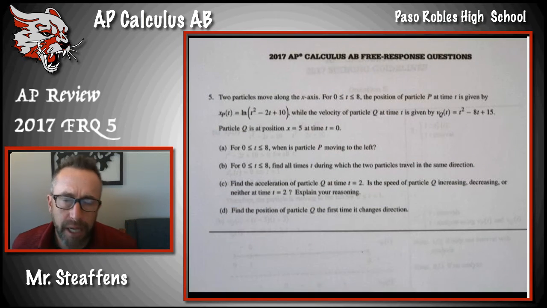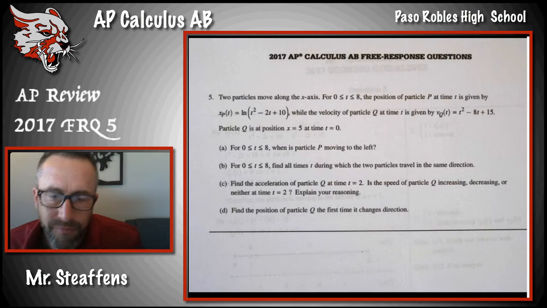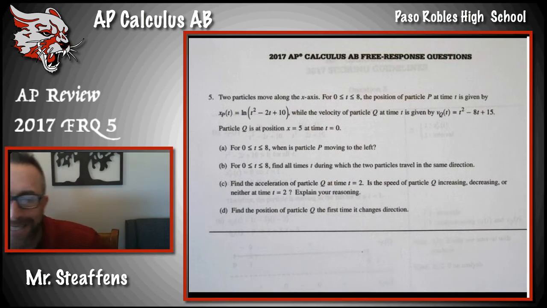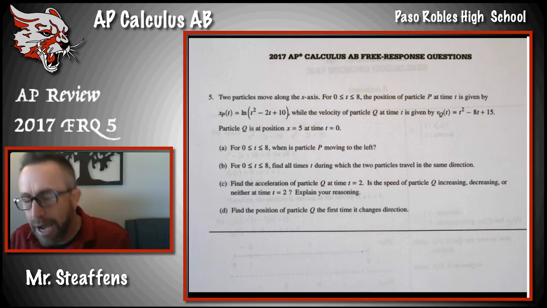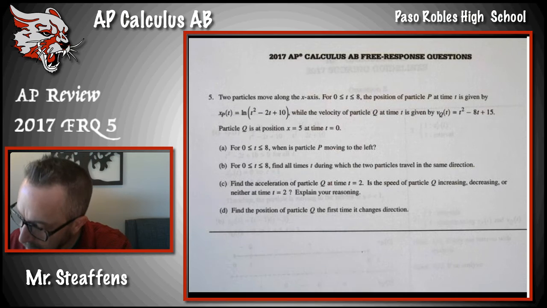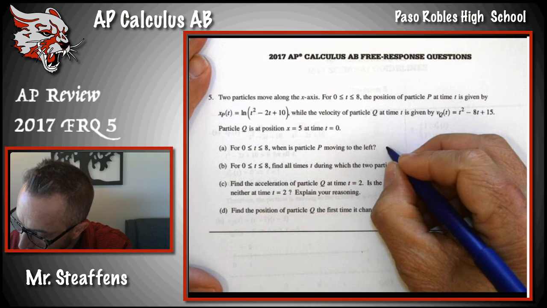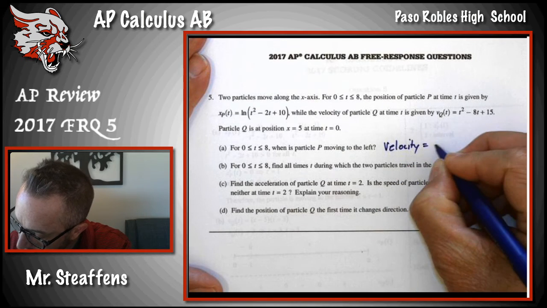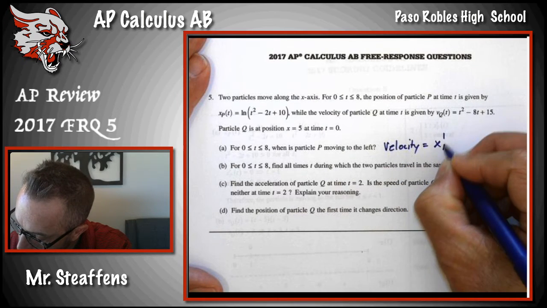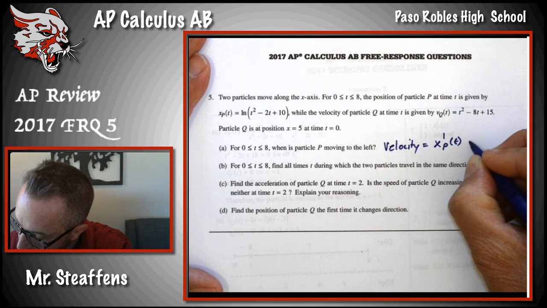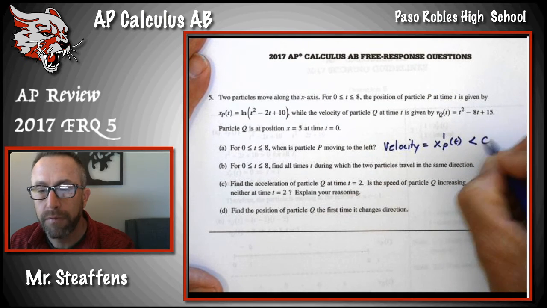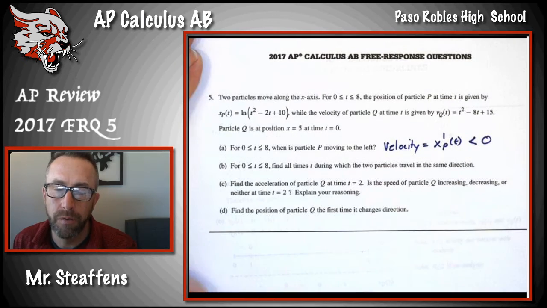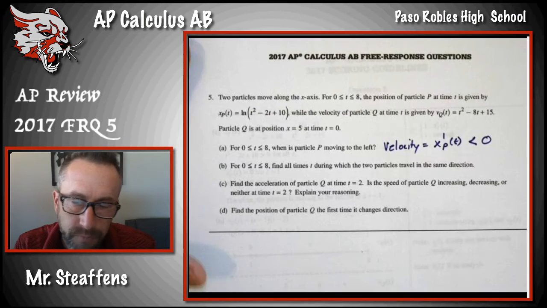All right, part A. Part A says, for the first 8 seconds, find out when this is moving left. So if I'm going to figure out when something is moving left, I need to know when the velocity, which is x prime of t, is less than 0, right? So when it's less than 0, then this thing is moving to the left.